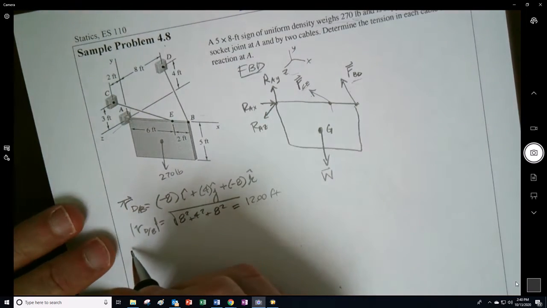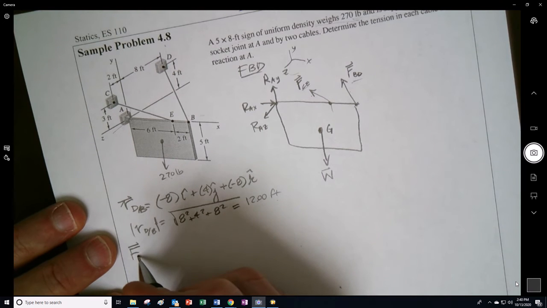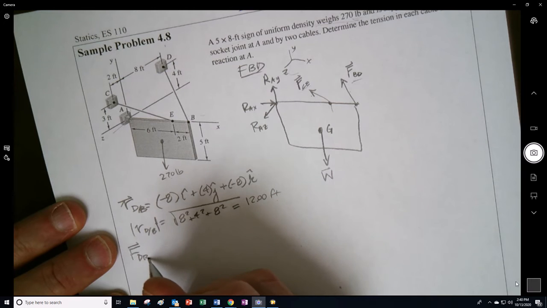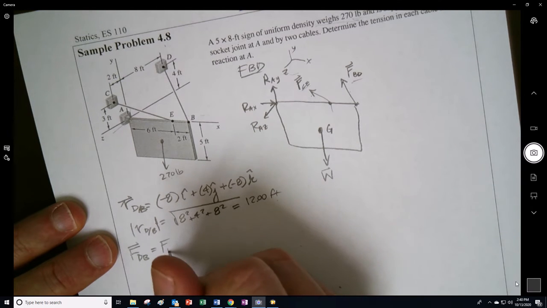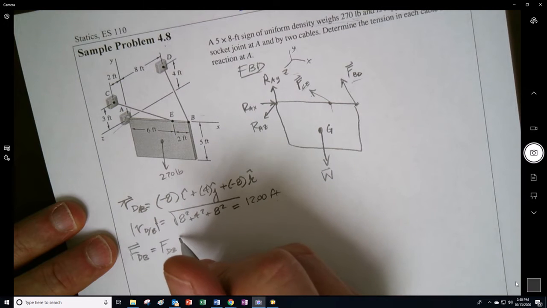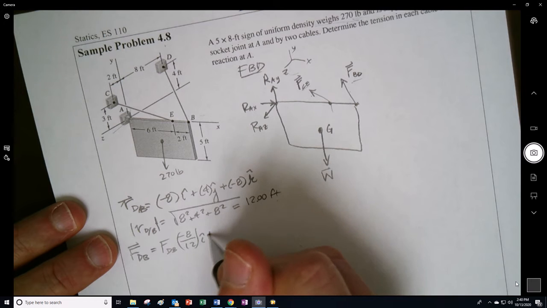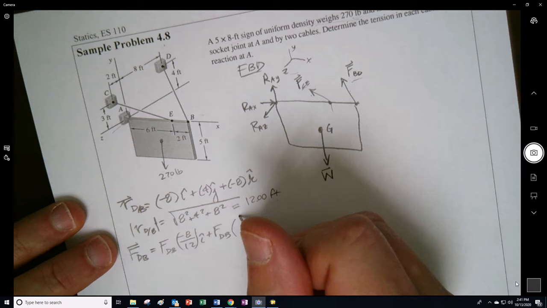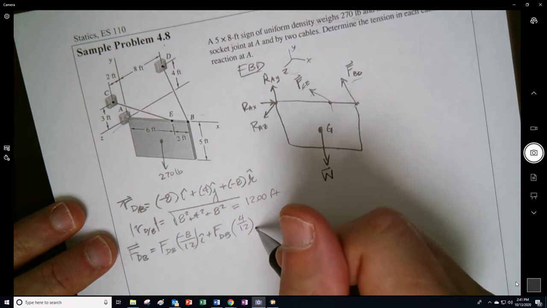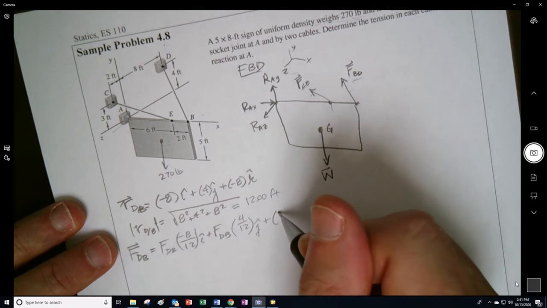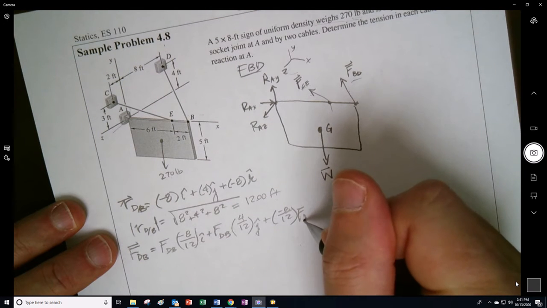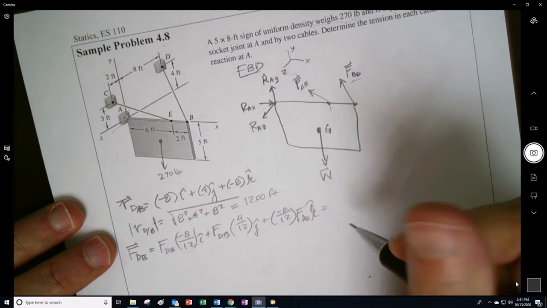So if we were going to write out the vector for F DB, it's going to be equal to F DB, the magnitude, times negative 8 over 12 i, plus 4 over 12 j, plus negative 8 over 12 k.